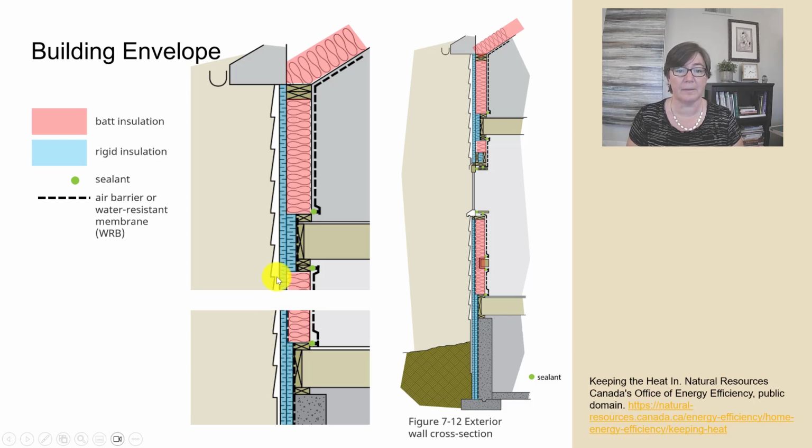The rigid insulation runs continuous through here. Notice that they've added an extra piece, double thickness here at the floor plate, because it's very easy for heat to sneak around the corners of all of this different construction. And you want to make sure that there's no leaks of heat through your building.